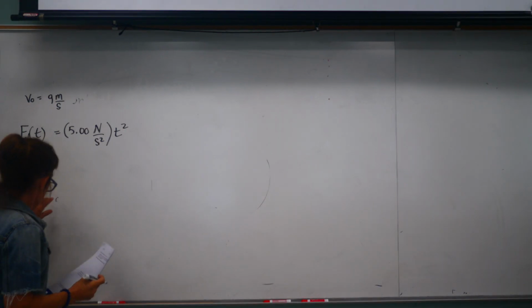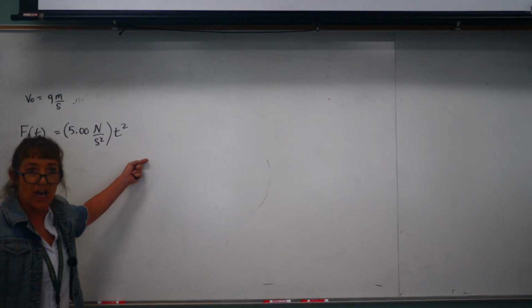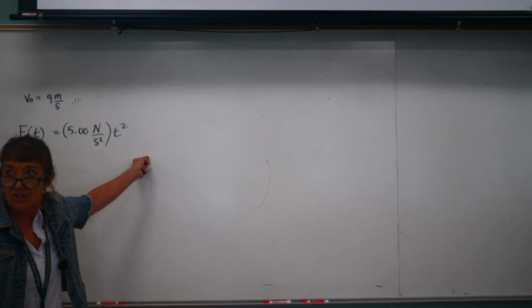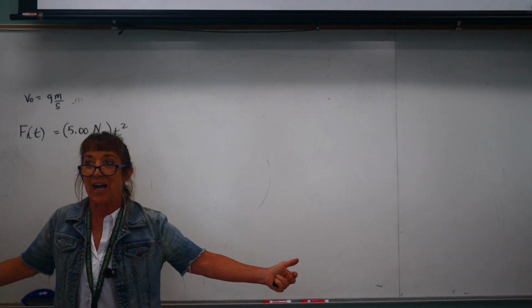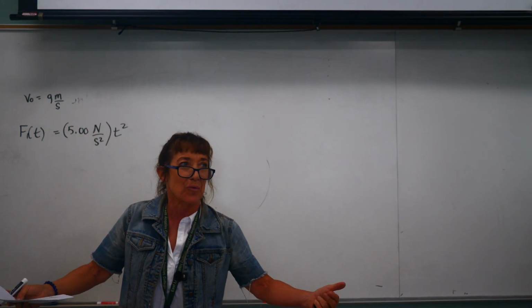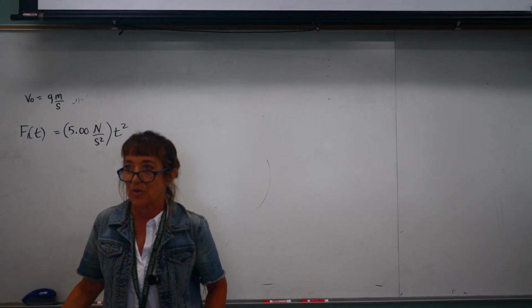So you can see your force is changing with time, right? But the mass is not changing with time, right? So that means your acceleration is changing with time, correct?